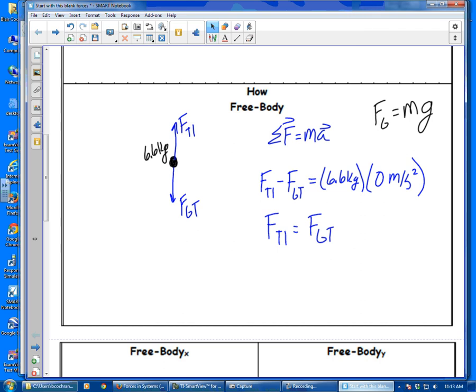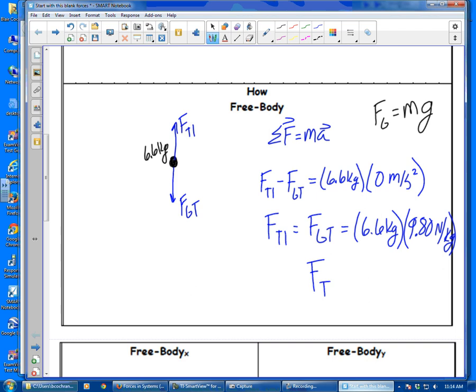So the system has a mass of 6.6 kilograms, and it's on Earth, so little g, the gravitational field strength, is 9.8 newtons per kilogram.